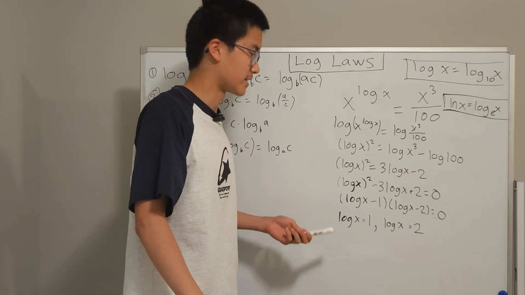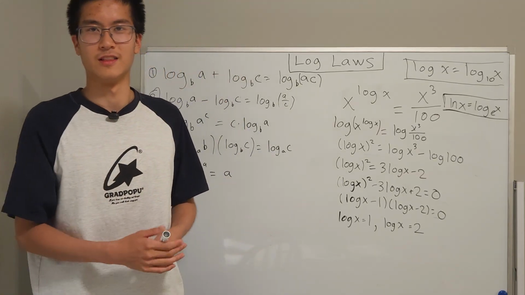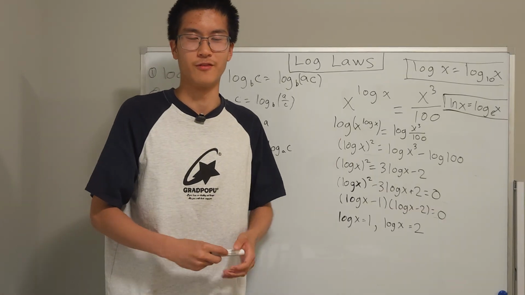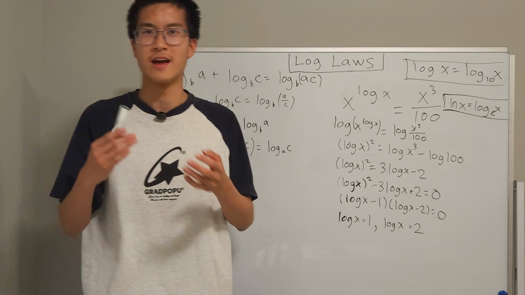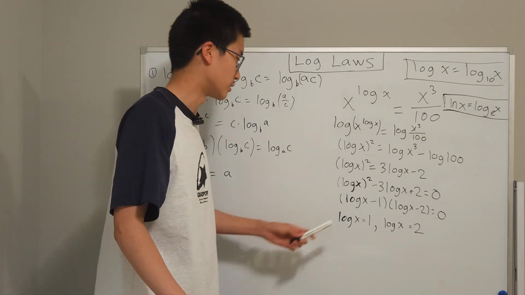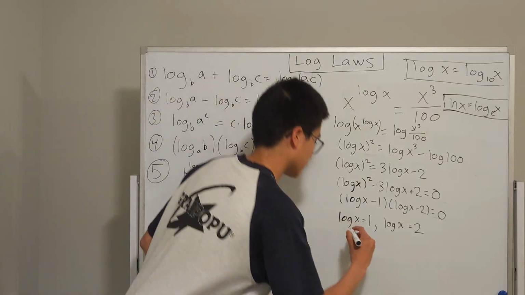However, this is not really complicated because remember in our introduction, if the logarithmic form is true, we have an equivalent exponential form. And so in this case, x equals 10 to the power of 1, which is 10.